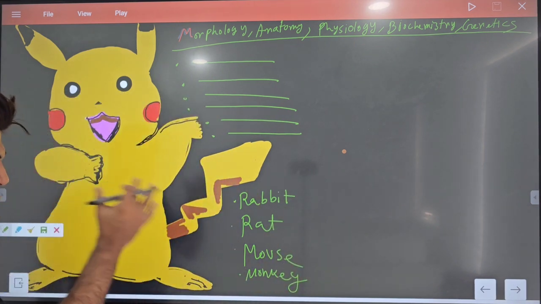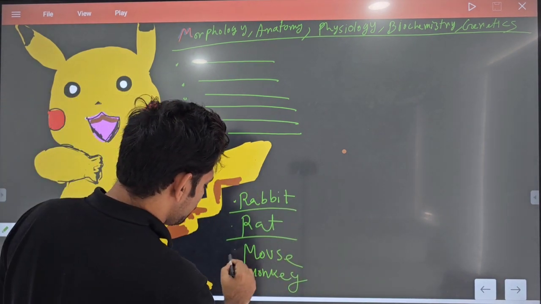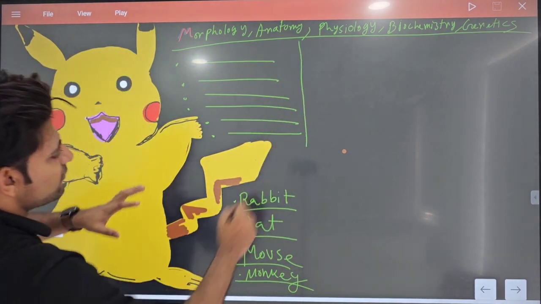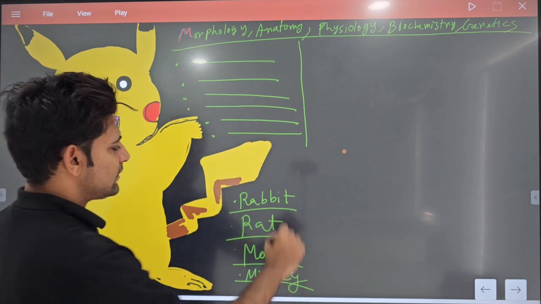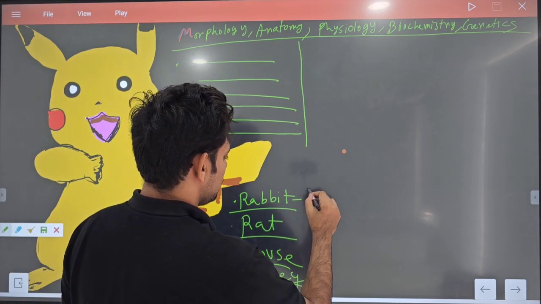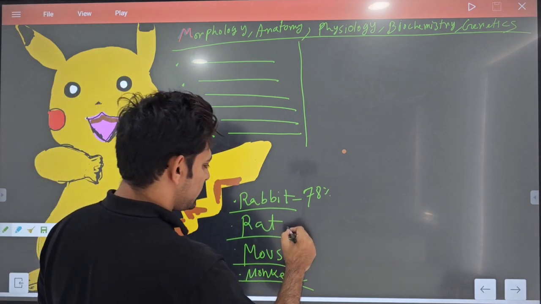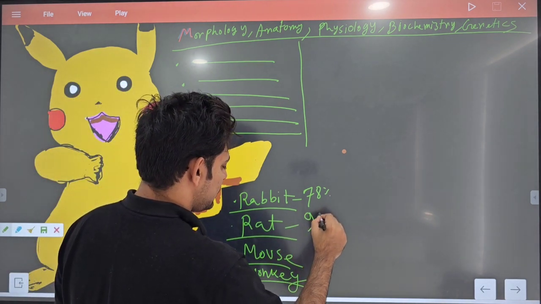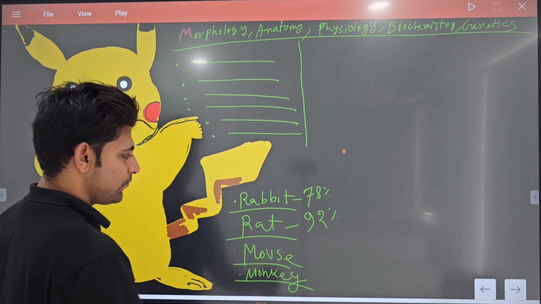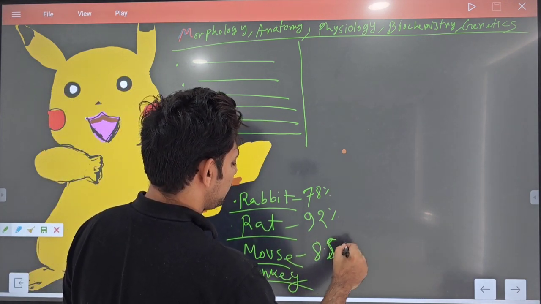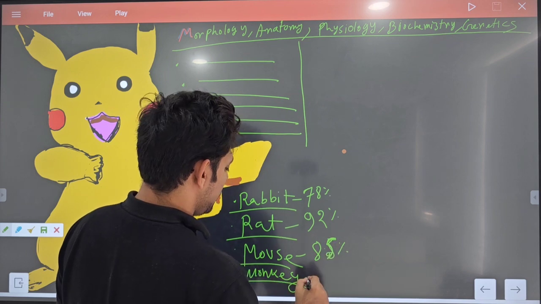After comparing with rabbit, rat, mouse and monkey, you find that the criterions you have written down show a 78% match with rabbit, a 92% match with rat, an 85% match with mouse, and a 58% match with monkey.